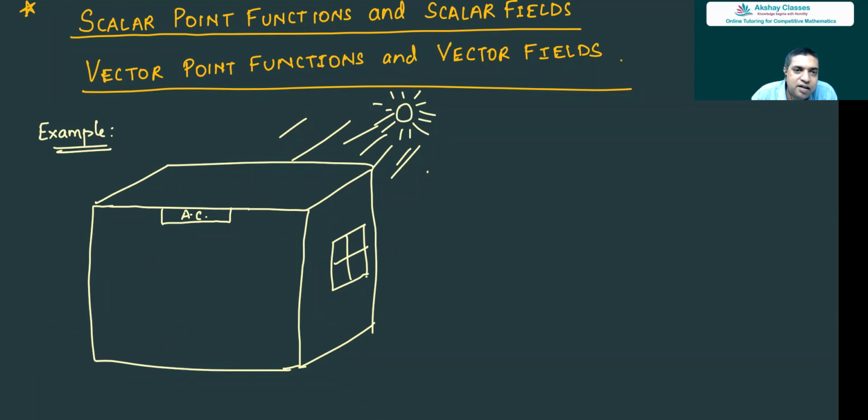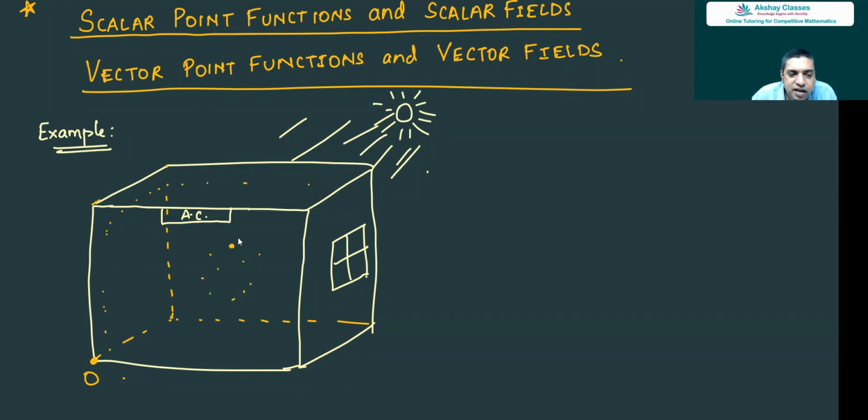Now, let's say the AC is fixed for 24 degrees centigrade, or 20 degrees centigrade. It is not that the entire room will be at 20 degrees centigrade. Now, if we fix the origin at one end of the room, there are infinite points in this space.